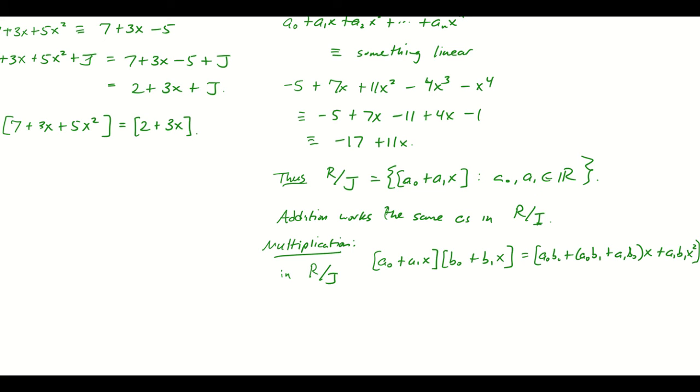But now what happens to the x squared is a little bit different. That x squared is congruent to negative 1. And therefore, I can rewrite this whole thing as (a0 b0 minus a1 b1) plus (a0 b1 plus a1 b0)x, because that a1 b1 x squared is turning into a negative a1 b1. So that's the congruence class I get by multiplying.